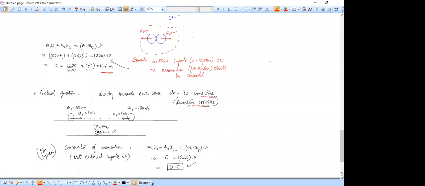Okay, good. Now moving on to the seventh question. Seventh also you have to do momentum conservation. So the initial mass, which is 50, into the velocity, which is 12. So the initial momentum is 600 kilogram meter per second. That should be equal to the final momentum. But in the final case, you have added 10 kg mass to it. So the total mass will become 60. So the speed will reduce from 12 meters per second to how much? 10 meters per second, because the momentum should remain 600.